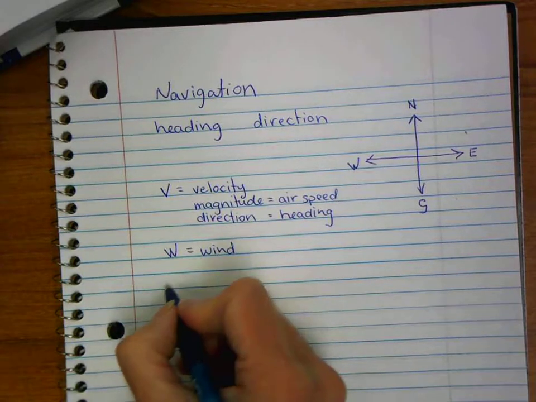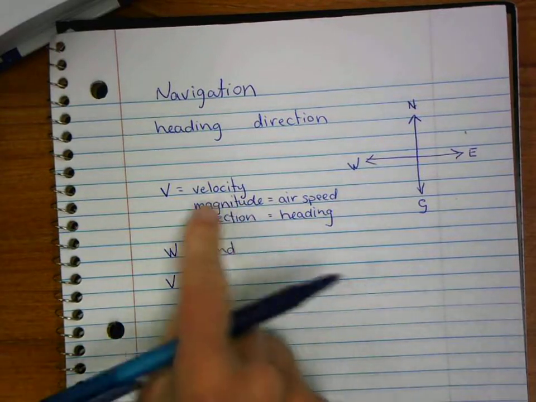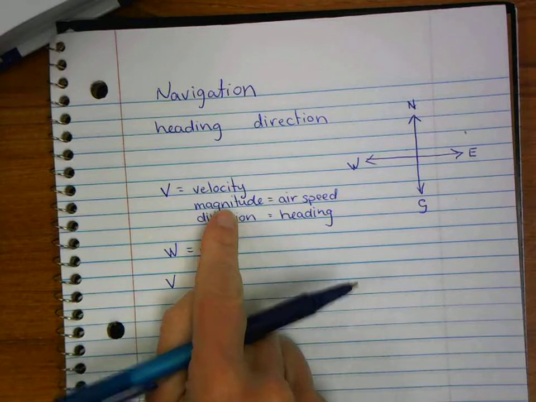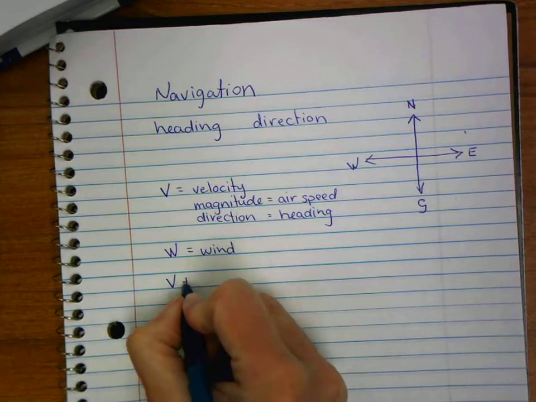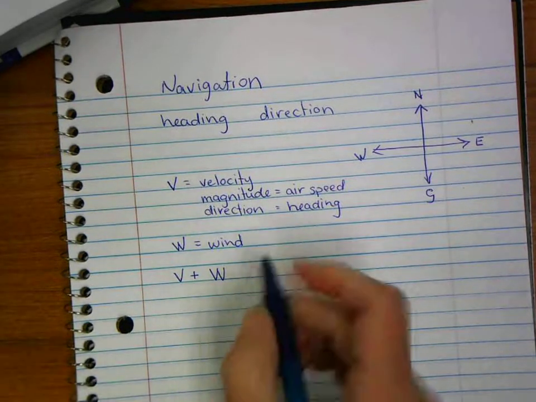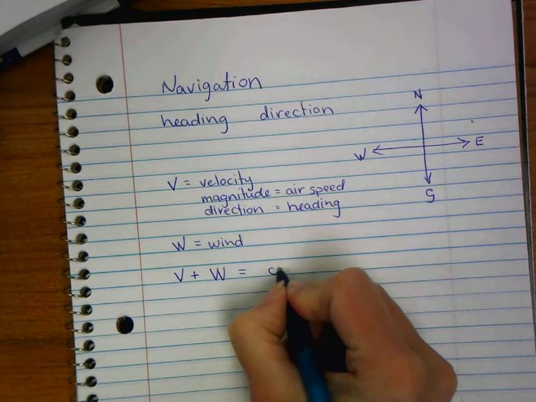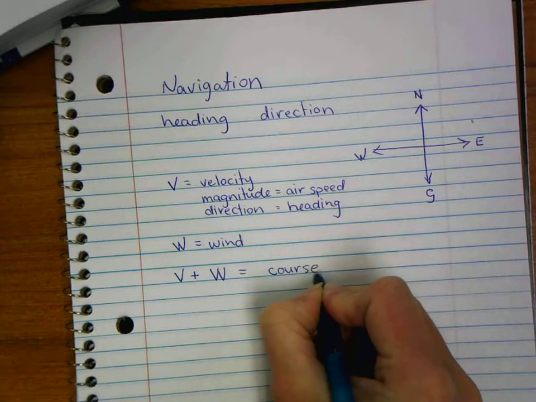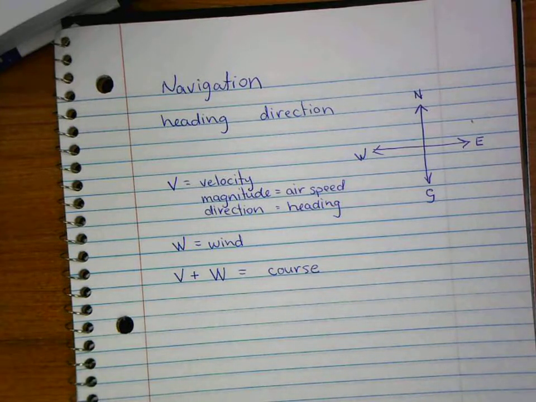So when we take the velocity of our airplane, our vector, our magnitude and direction, and add it to the wind that's happening, what we get is called the course. It's the direction in which the airplane is moving with respect to the ground.